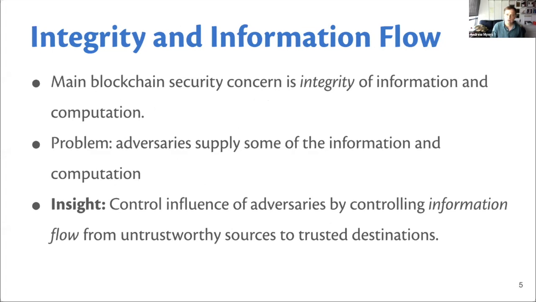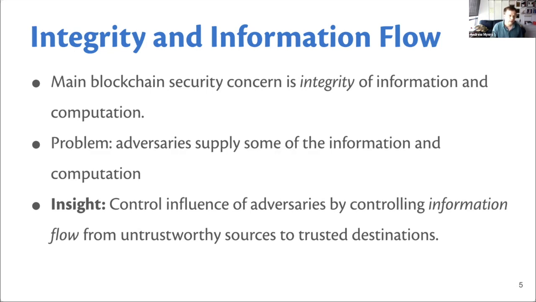And I would argue that the way to do it is to start with information flow. So on the blockchain, the main concern is the integrity of information. Of course, confidentiality is another issue, and I'm not going to talk about it, but it can also be addressed through information flow reasoning.